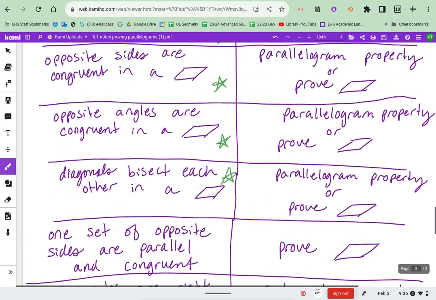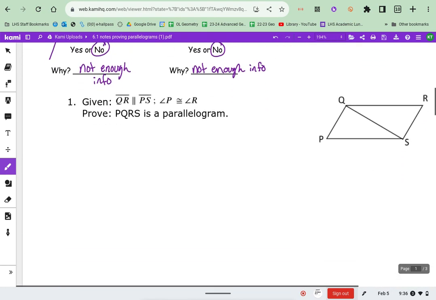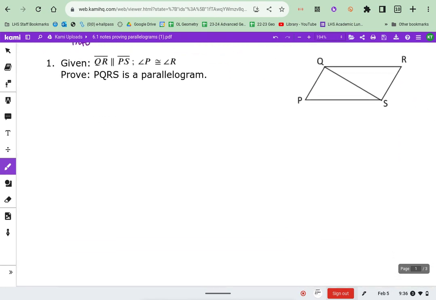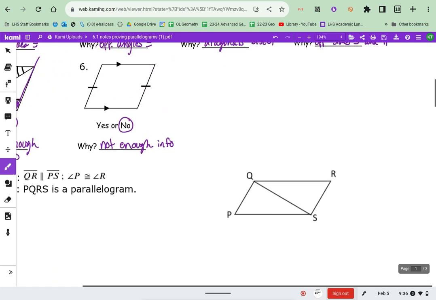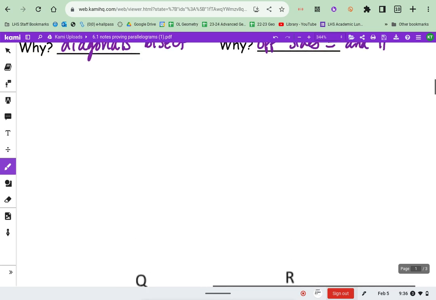Okay, back to notes. So, parallelogram proofs are often going to include a little triangle proof in there. So, just a quick refresher on triangle proofs. Let's see, I'm going to try and figure out, can I draw you a picture?